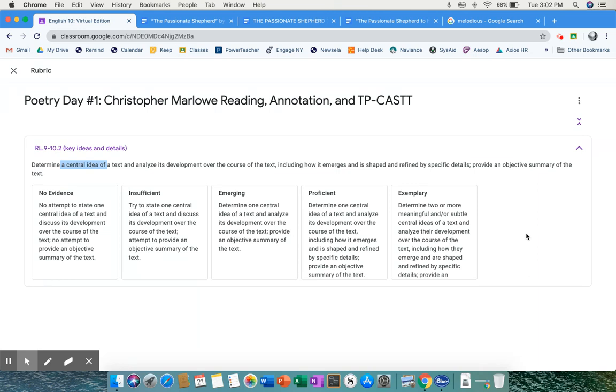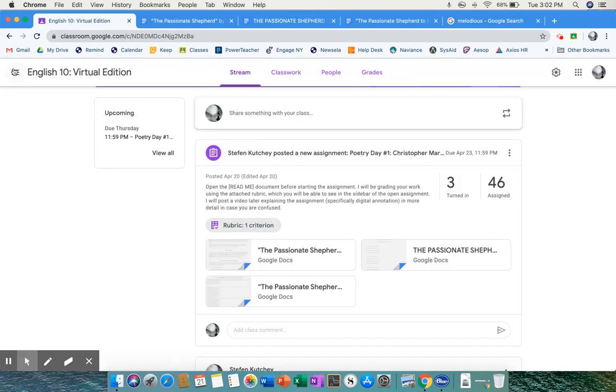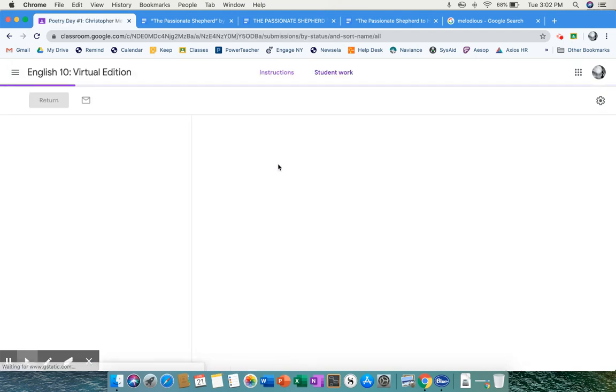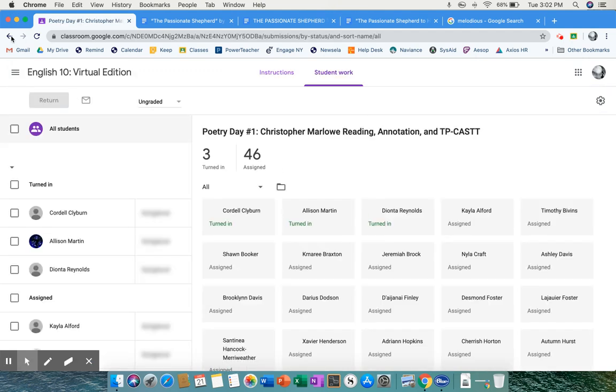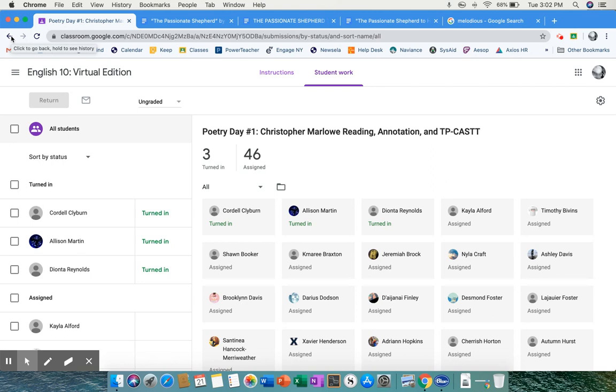But then also that you have two meaningful or subtle central ideas. So try to come up with more than one theme if you can in order to get that exemplary. And when that's all done, you turn it in, and from there I'll update you when I find out more, but that's what we're looking at. Looks like I got 3 of them. That's good.